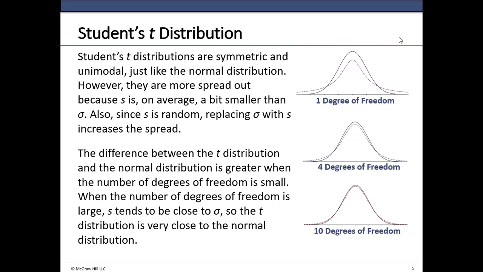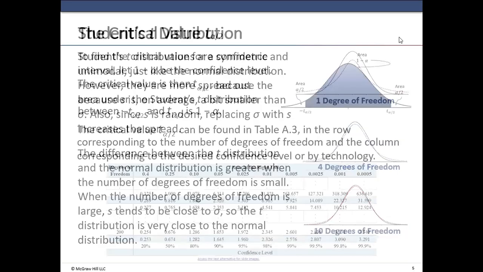And look at then the 10 degrees of freedom, that means 11 sample size. Here the dashed curve, which is the t distribution, almost overlaps the z distribution of the solid curve. So the difference is greater when the number of degrees of freedom is small. When the number of degrees of freedom is large, S tends to be close to sigma, so the t distribution is very close to the normal distribution.